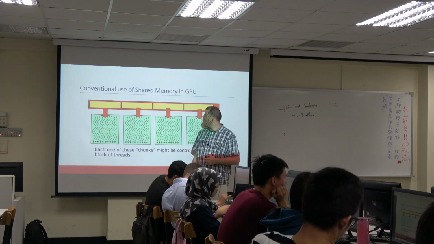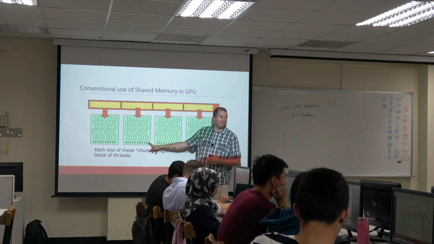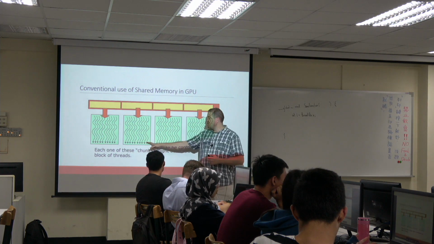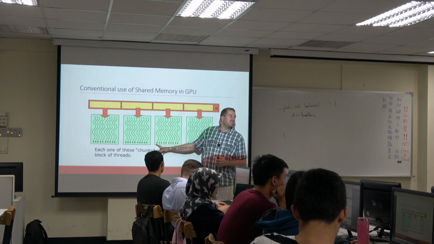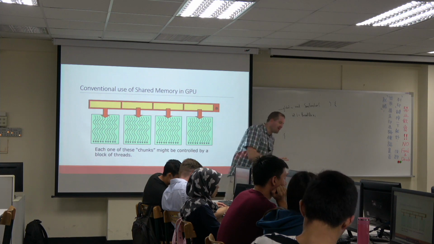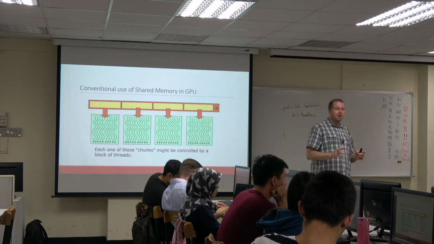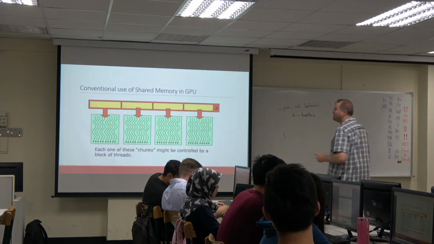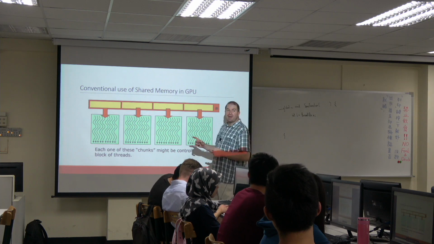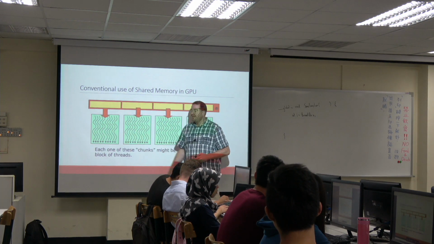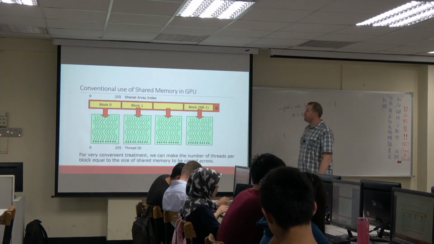This thread here on the end can see the shared memory of its right neighbor. But the one on the left is in a different block, in a different streaming multiprocessor. It can't see his shared memory. So if we want to use shared memory to share the computation and control the access to neighbor data, we need to pay very close attention to the threads on the ends of these blocks. We'll come back to this soon.